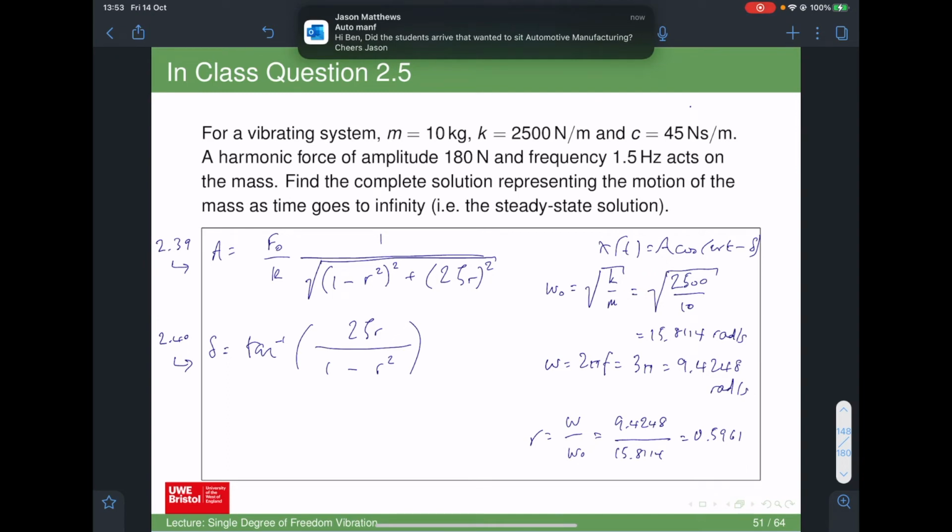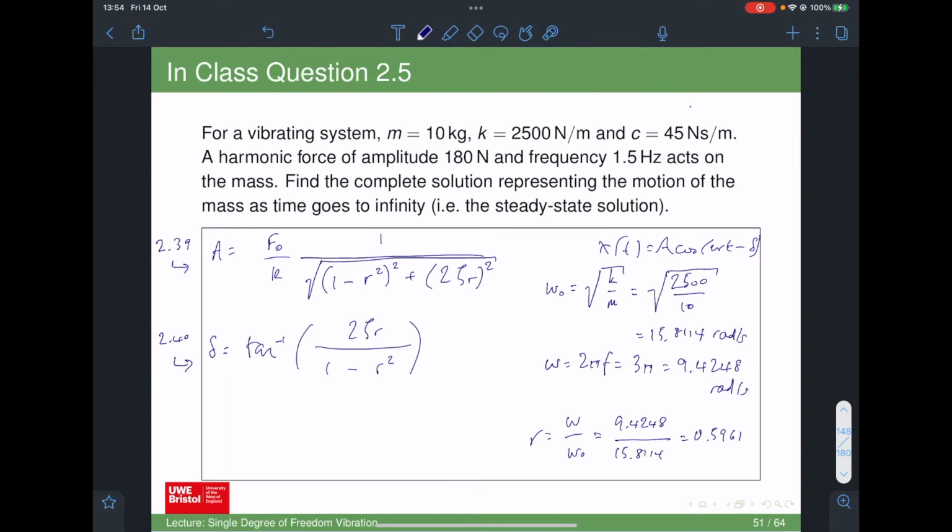Okay, so we've got this format. We need zeta and R. The only thing we need to find now is zeta, which we haven't found. So I'm going to write that down here.